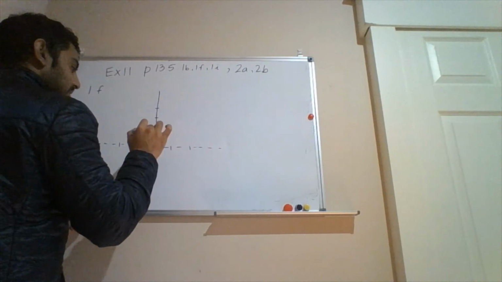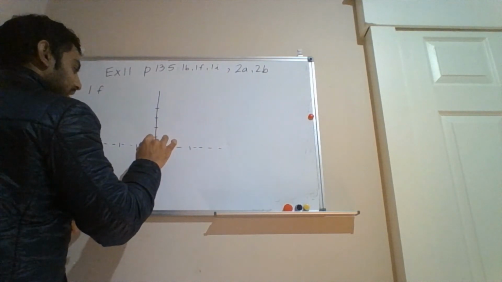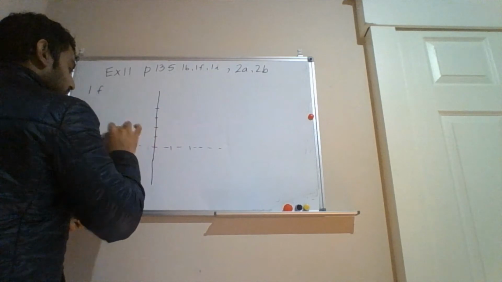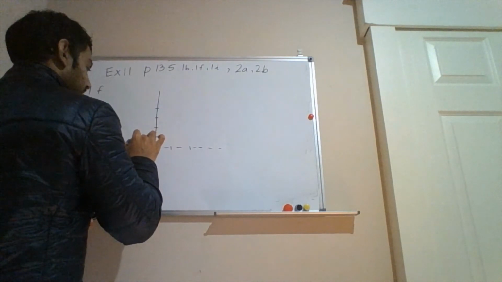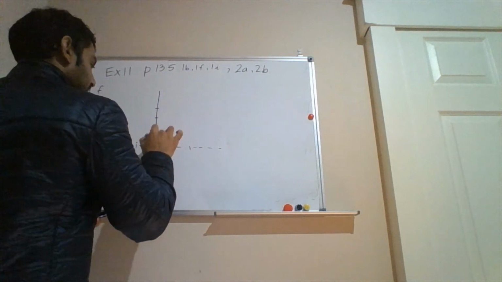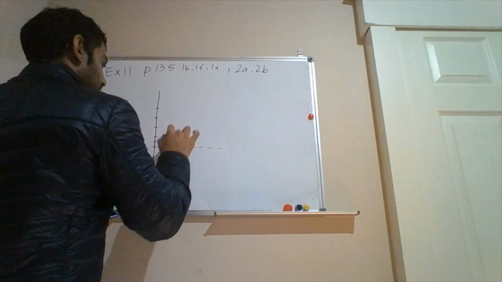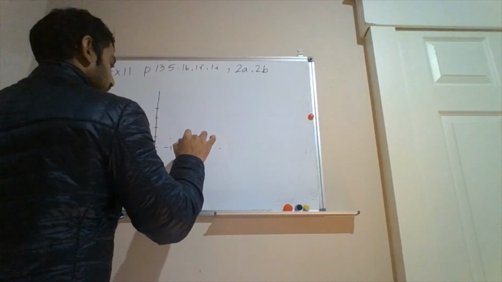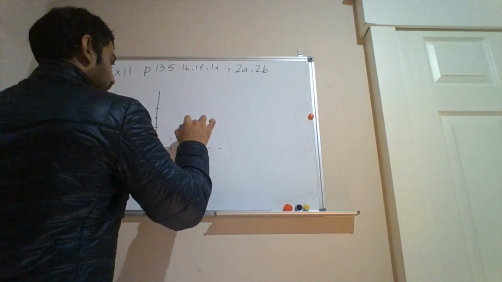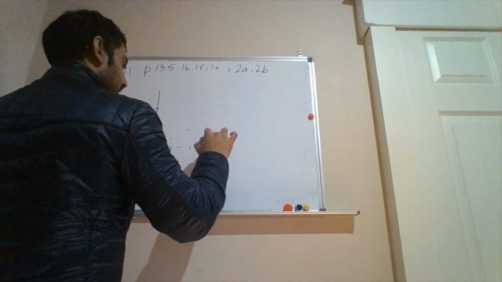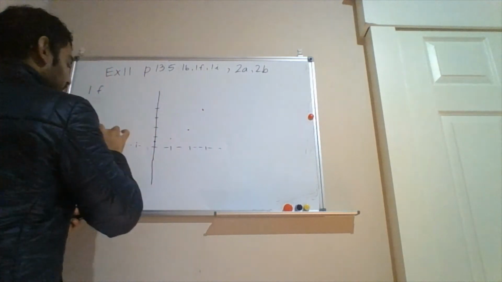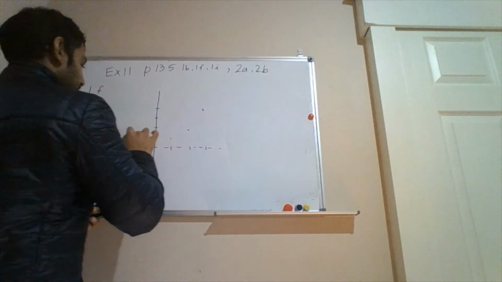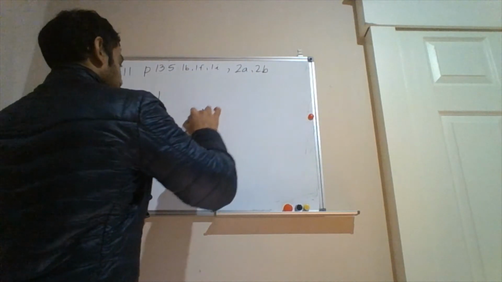Halfway between that's going to be a half, and halfway between that's a quarter. So that's very close. Then we've got -1, a half, 0, 1, 1, 2, 2 and 4, and last point was 3 and 8. Okay, so our graph looks like this.